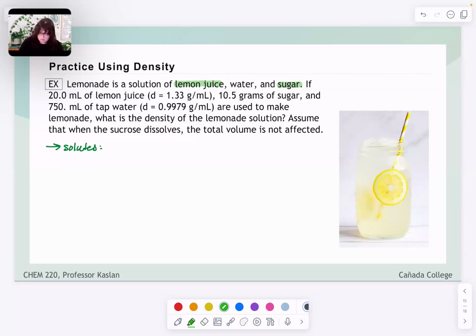So my solutes are lemon juice and sugar. Let's go hunting in the problem for some information about lemon juice and sugar. Continuing on, lemonade's a solution of lemon juice, water, and sugar. If 20 mL of lemon juice, so I know that I have 20.0 milliliters of lemon juice, and I'm given a density of 1.33 grams per milliliter.